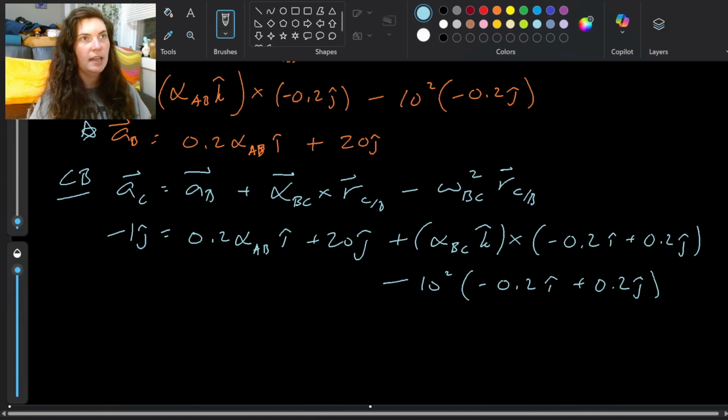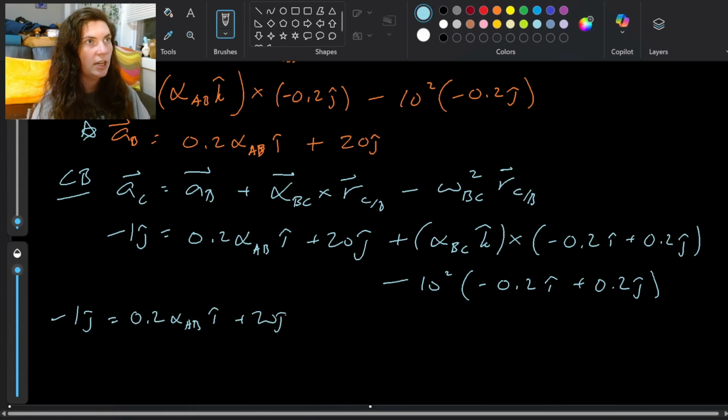Oh my goodness, almost there, right? The only unknowns that we have in this equation now are our alphas. So it's just a matter of solving for those angular accelerations. So I'll simplify this out a little bit before we do that. Negative 1 J hat equals 0.2 alpha AB I hat plus 20 J hat.